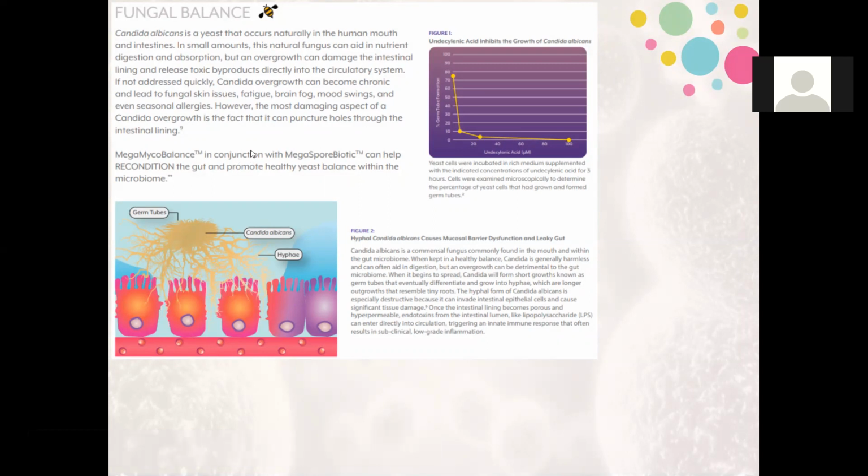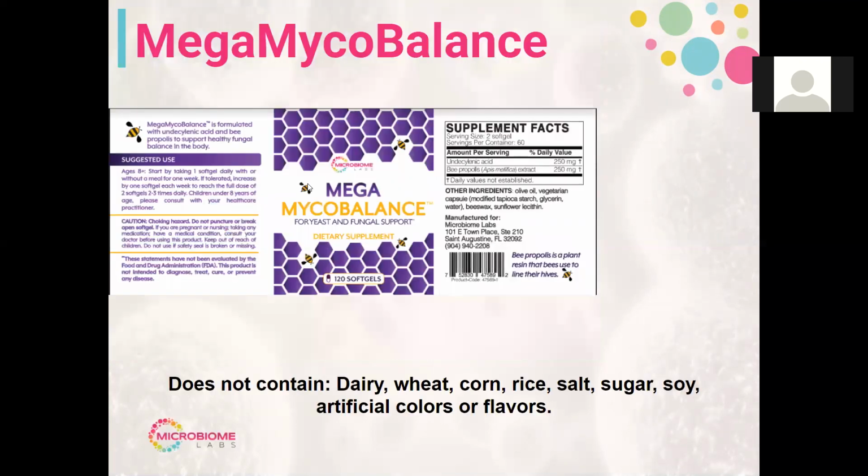So we have in our formula Mega Microbalance undecylenic acid, which is derived from castor oil beans, which is very antifungal, and it's very effective because it stops the hypha production. So the candida will pass through the gut, and then you avoid the damage that's going on. This is very different than the mechanism of how other antifungals work.